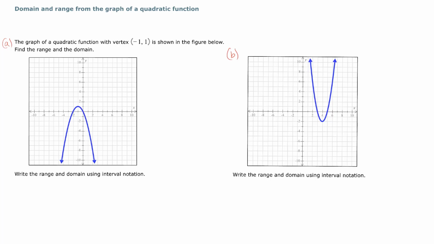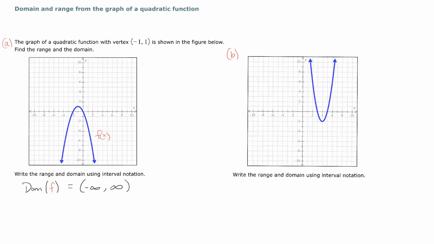So remember that the domain is the set of all x values. Let's call this function f of x. And I'm going to use the notation capital D-O-M, then parentheses, the domain of f is going to be written in interval notation, negative infinity up to positive infinity, which is all real numbers.